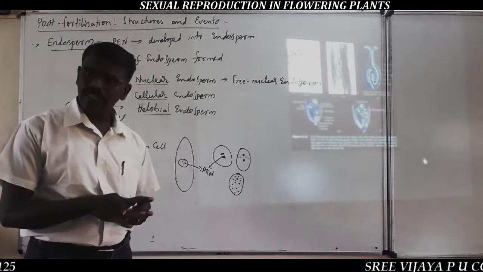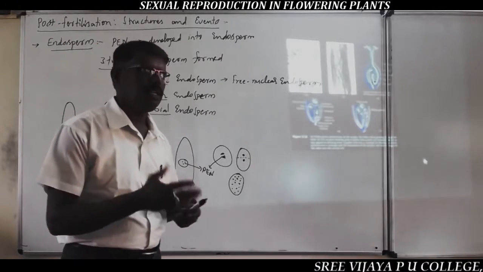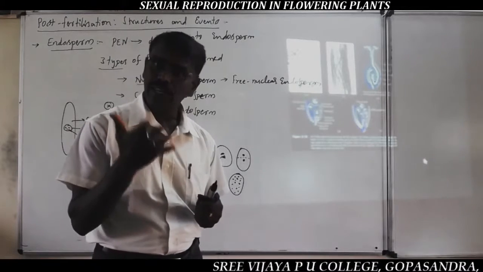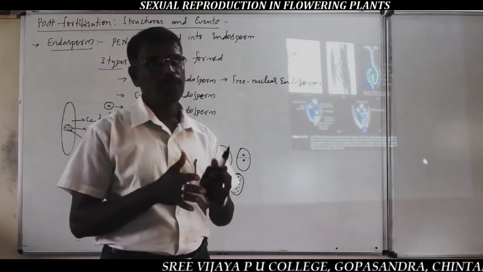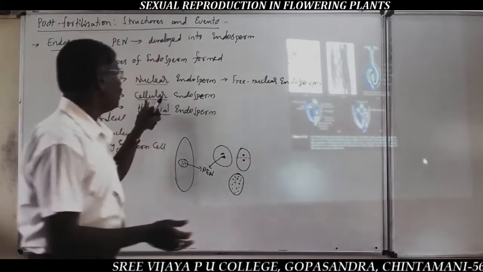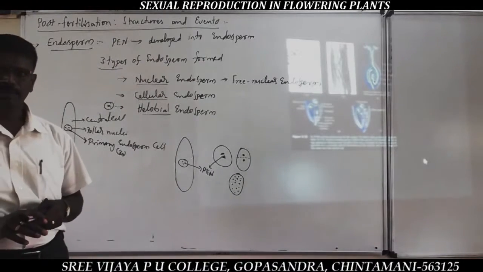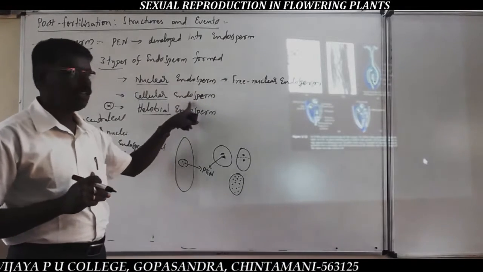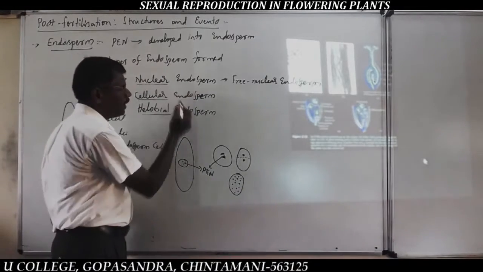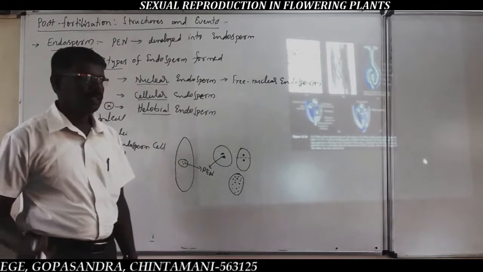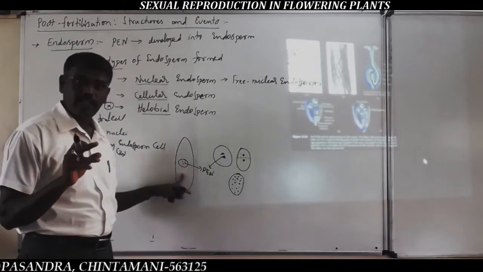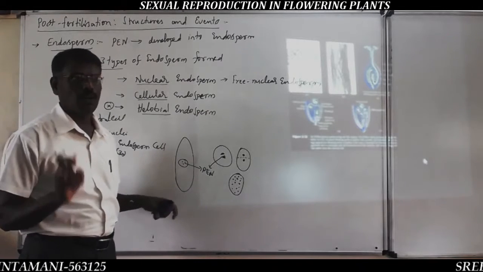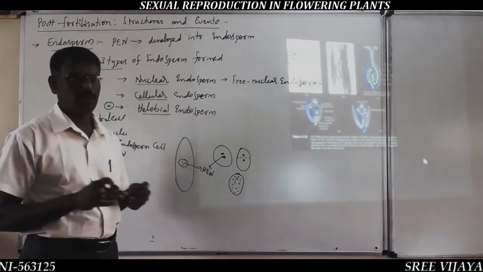In the tender coconut, after some time the free nuclear endosperm is converted into cellular endosperm. So what is the difference between nuclear and cellular endosperm? In nuclear or free nuclear endosperm, the nucleus of the primary endosperm cell divides without cross walls.